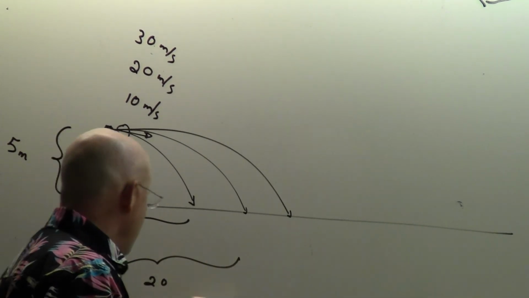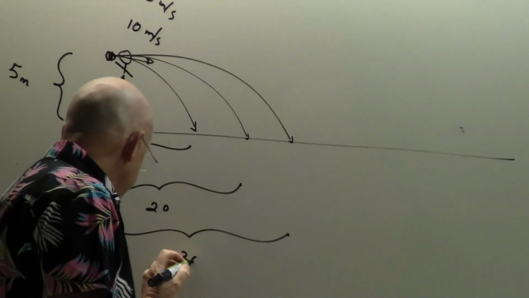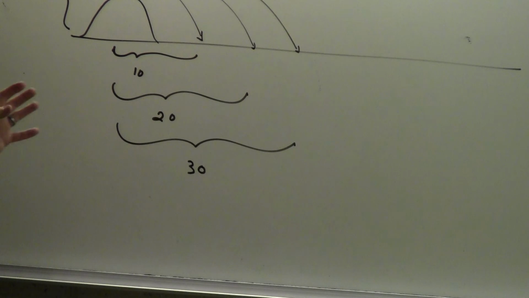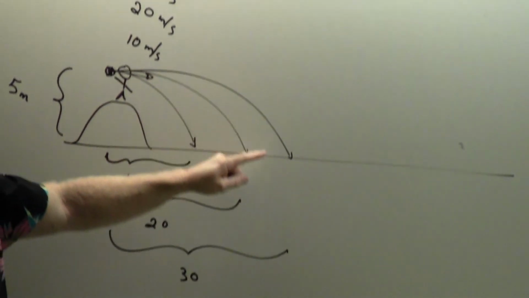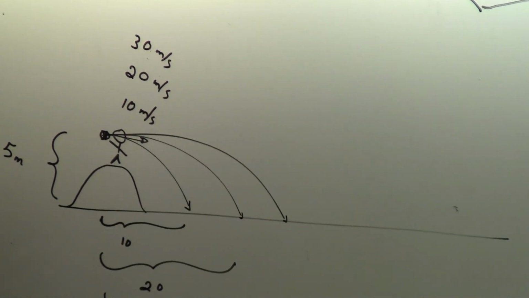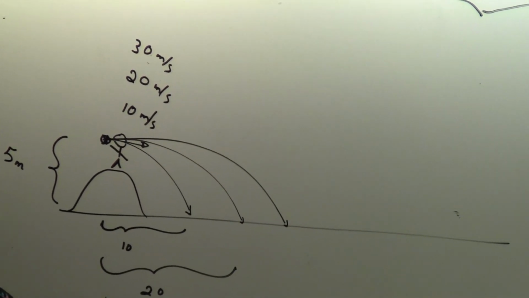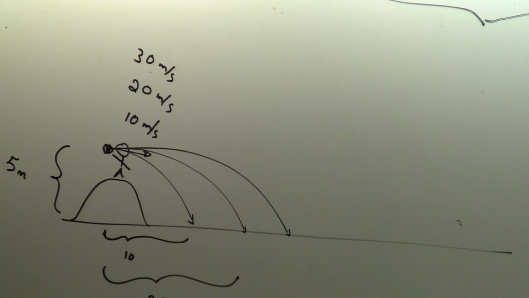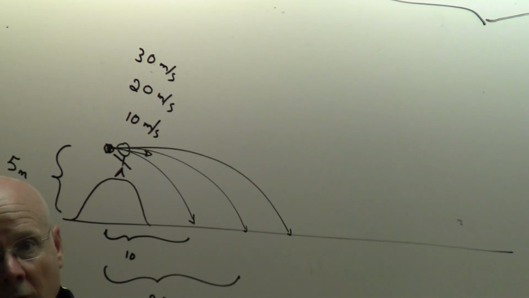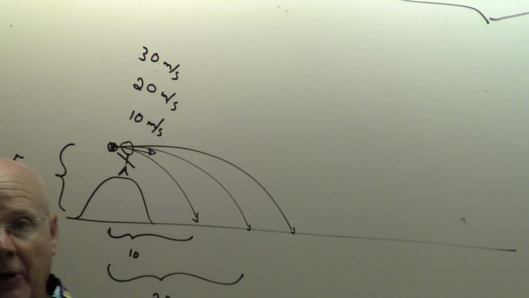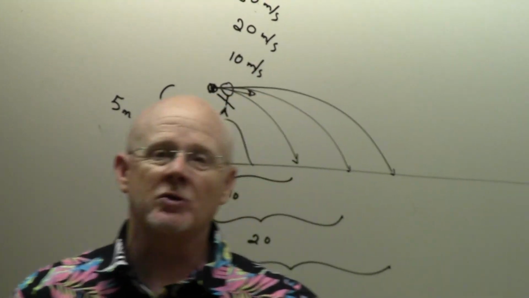Now, the one with the larger horizontal speed would go further horizontally. And so this one here is going to go further. I get that. But I want to convince you, and so here is Newton's argument, and Newton's really kind of the first one to discover this and figure out how the moon actually orbits the Earth, how the moons of Jupiter actually orbit Jupiter, how our planets orbit the sun.